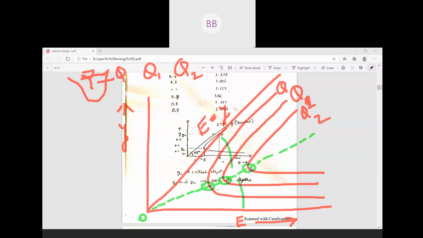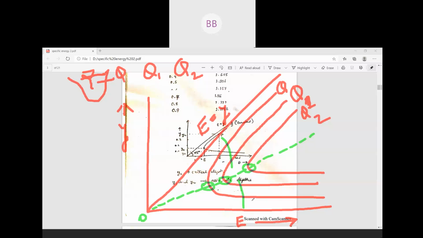If you consider the first curve Q and join a straight line from 0 to that minimum specific energy point, then this line divides the whole specific energy curve into two portions, an upper portion and a lower portion.